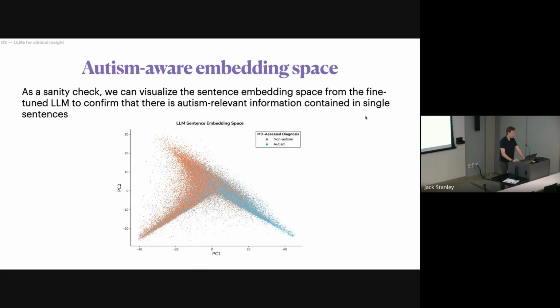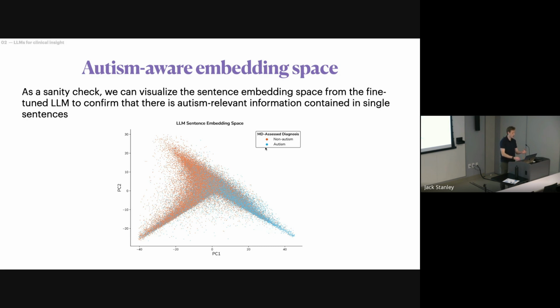So now, as a sanity check, once we've fine-tuned this model, we can visualize these sentence embeddings in somewhat of an autism-aware embedding space, because again, we fine-tuned on the diagnosis objective. So this embedding space should be instilled with some relevant information about the diagnosis itself based on the embeddings within it. So here we have just a plot of a PCA decomposition of the sentence embeddings.